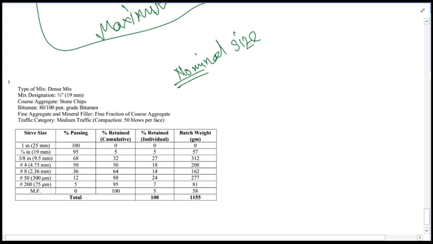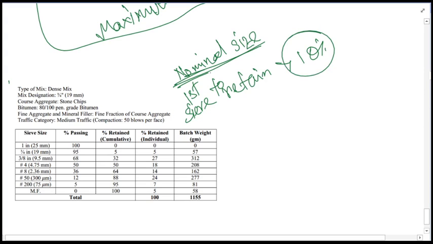Nominal size is nothing but one sieve greater than the first sieve to retain more than 10%.